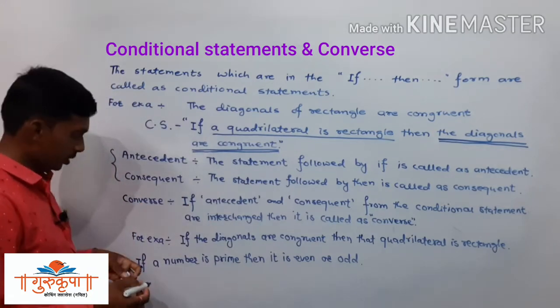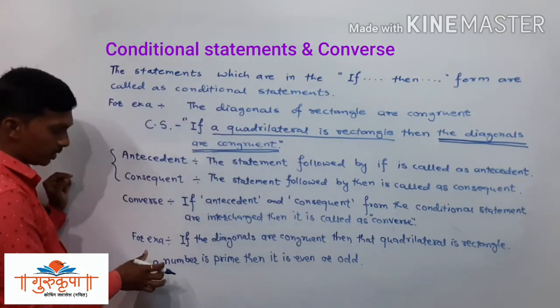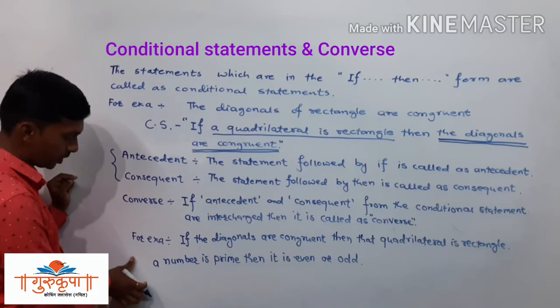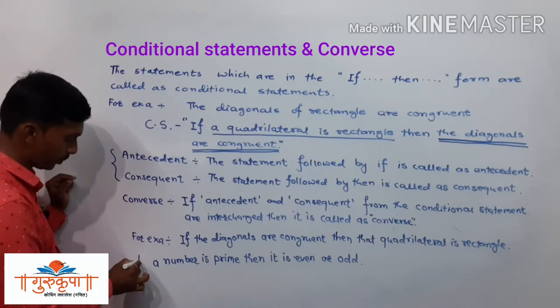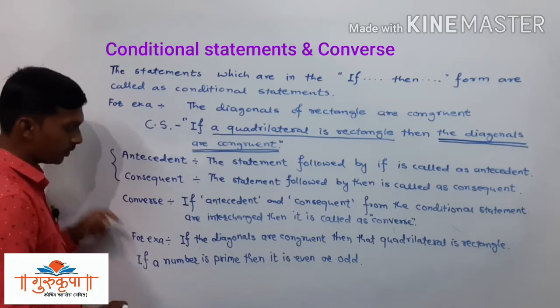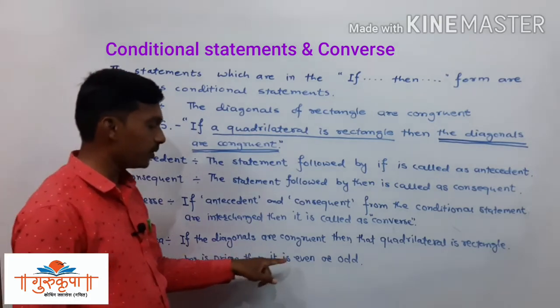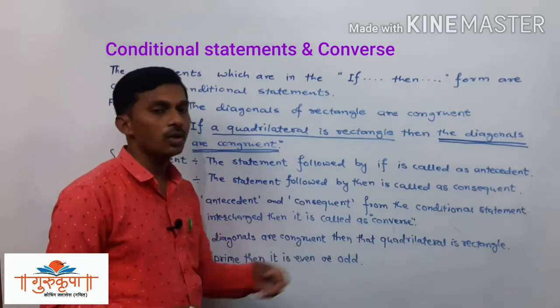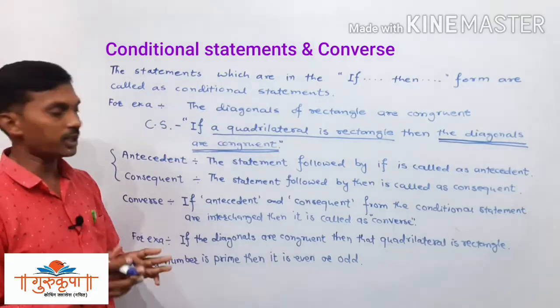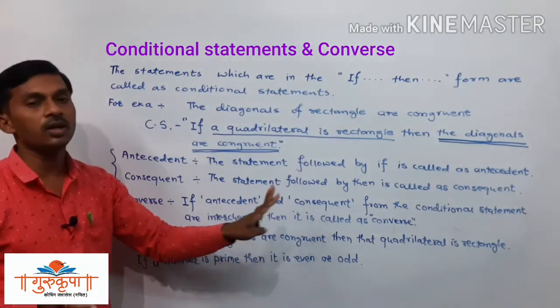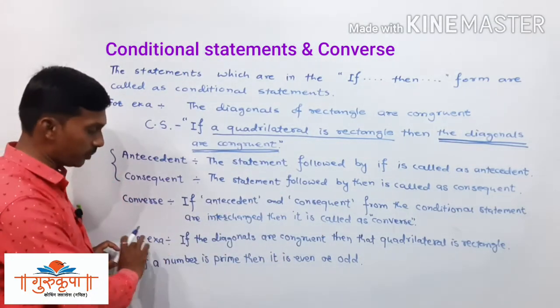Suppose a number we have given is a prime number. If a number is prime, then it is either even or odd. जर एखादा नंबर प्राइम असेल तर तो इवन किंवा ऑड असतो असं स्टेटमेंट आपल्याला दिलेलं आहे.